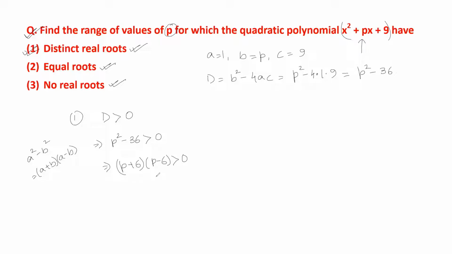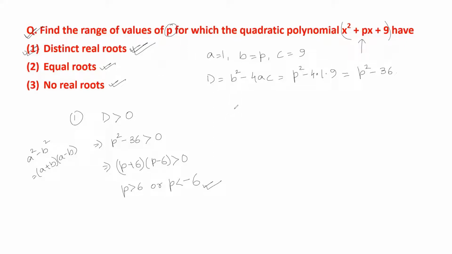So (p plus 6) times of (p minus 6) is greater than 0, which would give us either p greater than 6 or p less than -6. So the range of values of p for which the quadratic polynomial x square plus px plus 9 have two distinct real roots would be p greater than 6 or p less than -6.